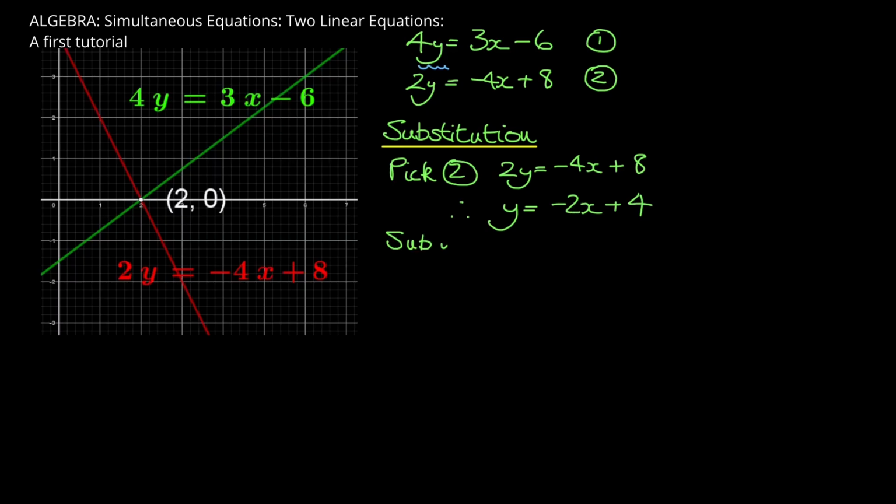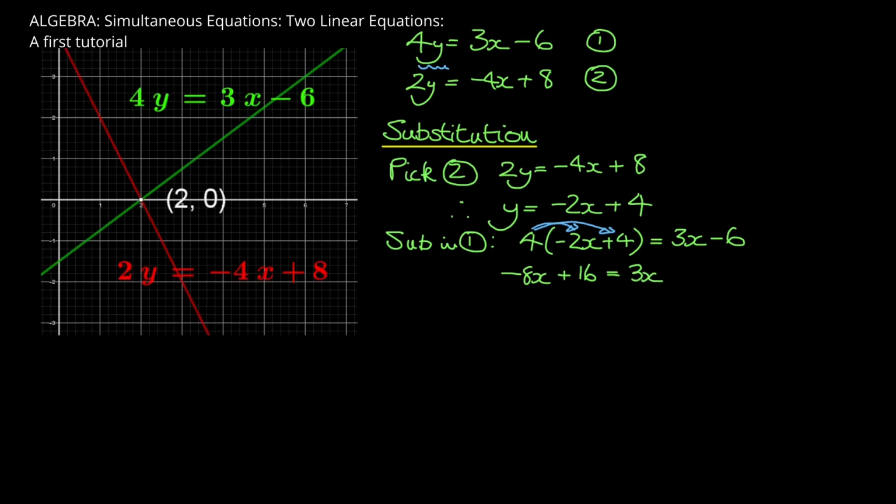So sub in 1, you can see the advantage of labeling those first two equations. And we get 4 lots of this, so is equal to the right-hand side of 1, which is 3x minus 6. Multiplying this bracket out, remember the 4 is going to influence that guy and that guy. Okay, this is going to be negative 8x plus 4 times 4, 16, is equal to 3x minus 6.